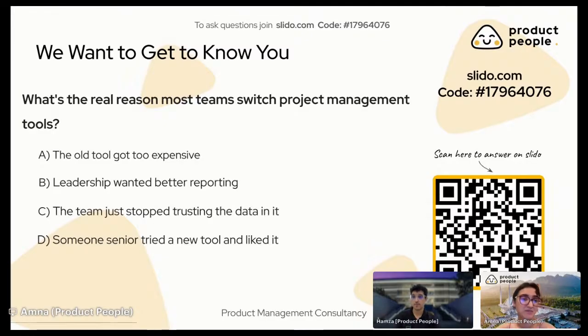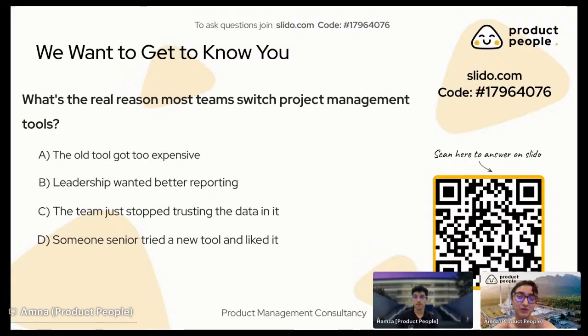And in the meantime, maybe I could share my own experience here. At least in my experience, I feel like one of the leading reasons that people usually end up switching tools is because the old tool got a little too expensive. And that is usually because of certain licensing decisions that were made. Maybe it got out of hand. A lot of people have access. A lot of people who don't really need access have access. And the management of that old tool has become really, really difficult for the team.